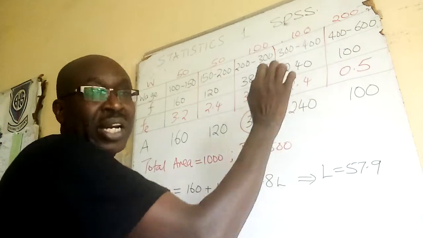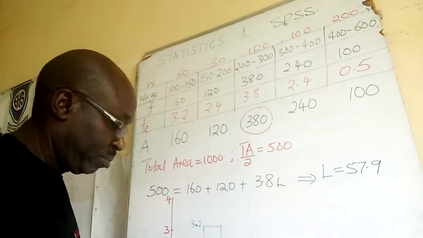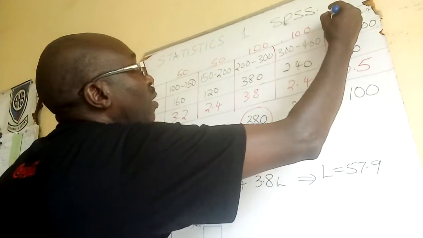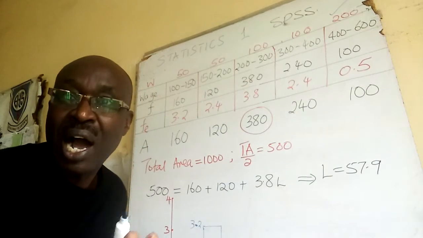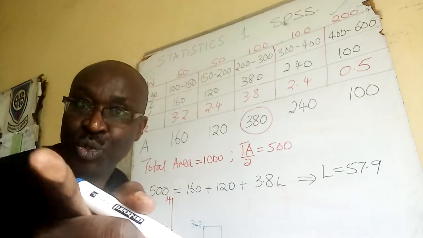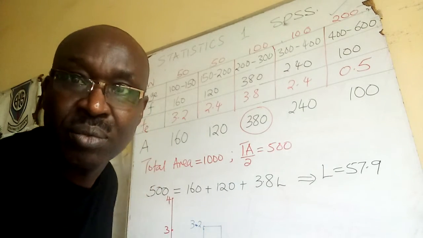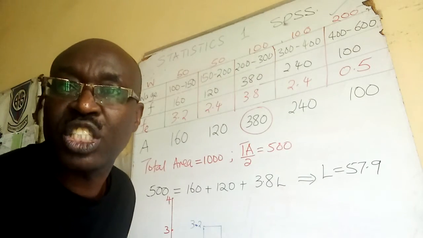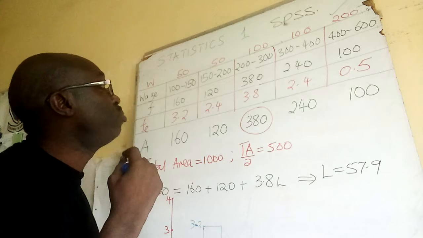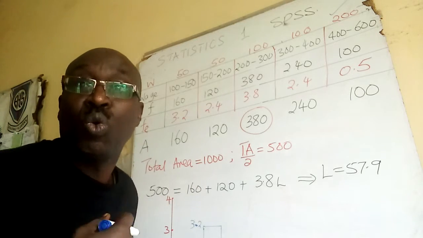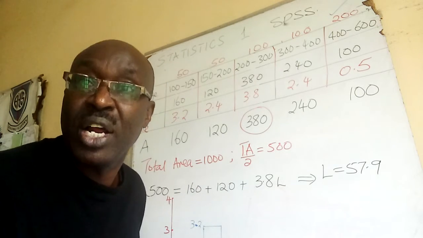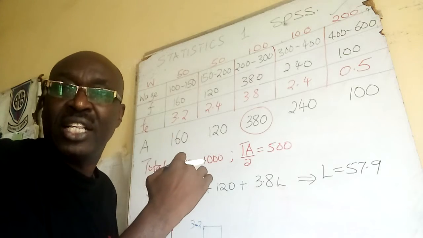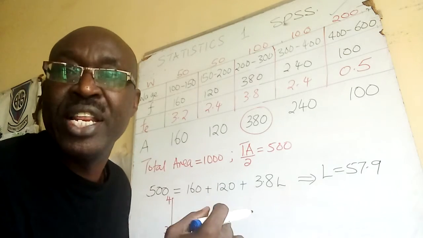And 600 minus 400, 200. I'm done there. You know now how to get the width. Then you see it is not constant. It moved from 50 to 100 to 200. So we say it has a varying width.